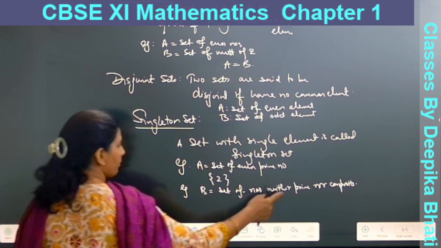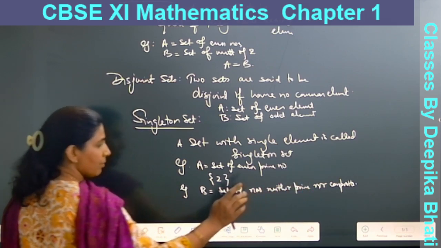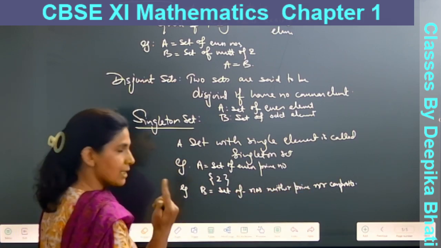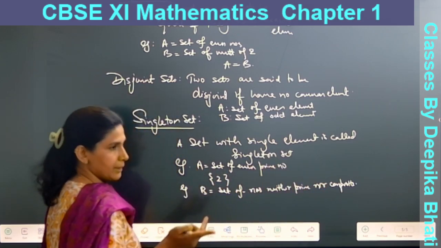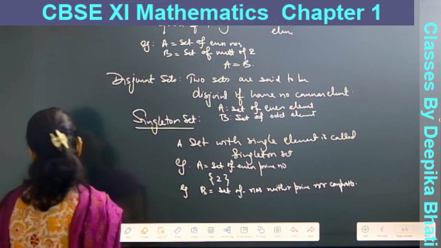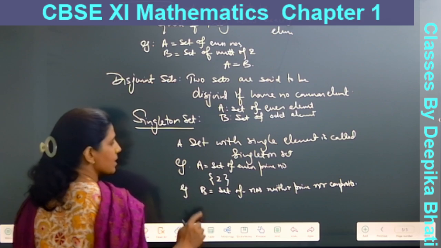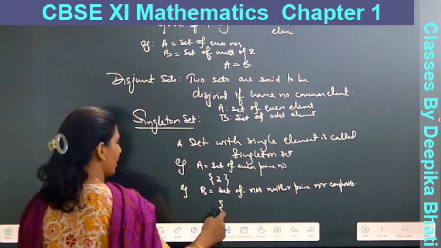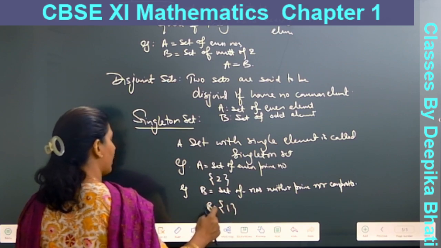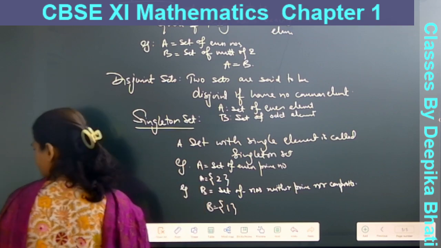Why not prime? Because for prime a number must have 2 factors. 1 has only factor 1. For composite it must have more than 2 factors. So basically 1 is neither prime nor composite. So under this category we have a set with the single element 1, right?